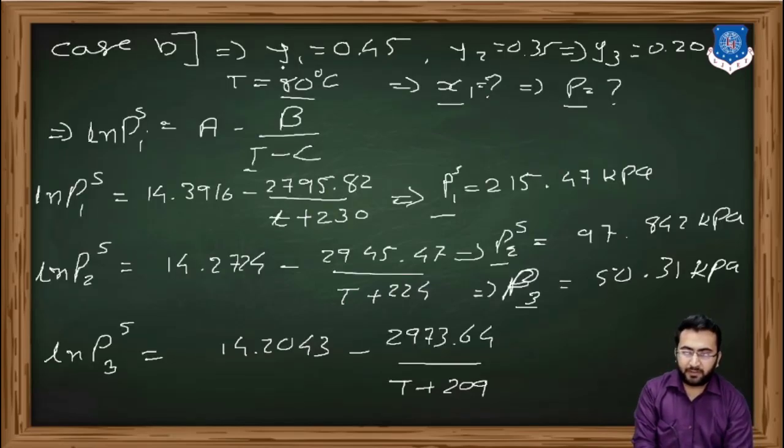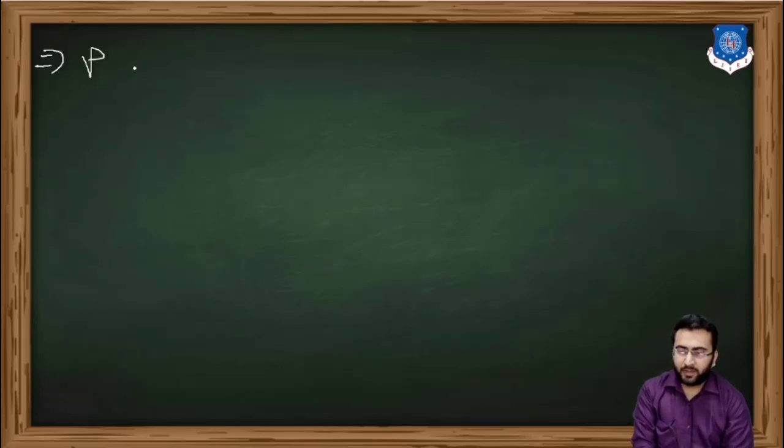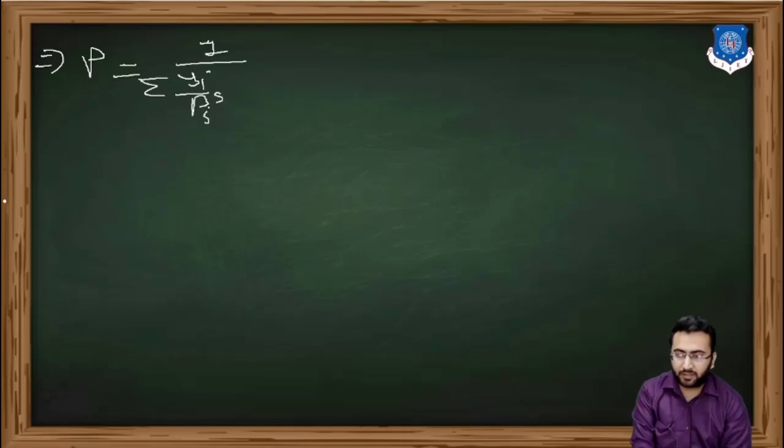Here in the statement Y1 is given, so we have to use the dew point calculation equation, which is given by P equal to 1 upon the summation of Yi upon Pi saturated.